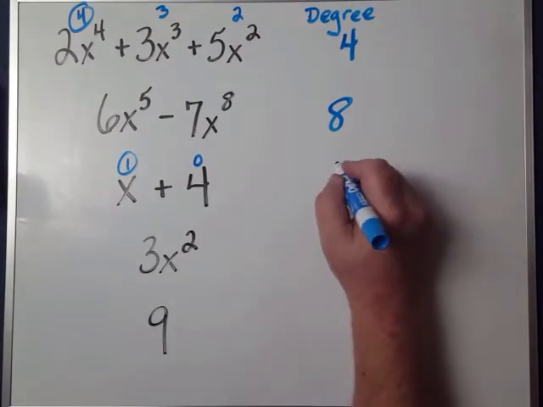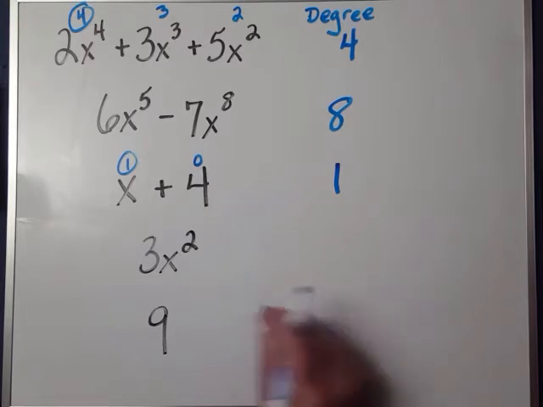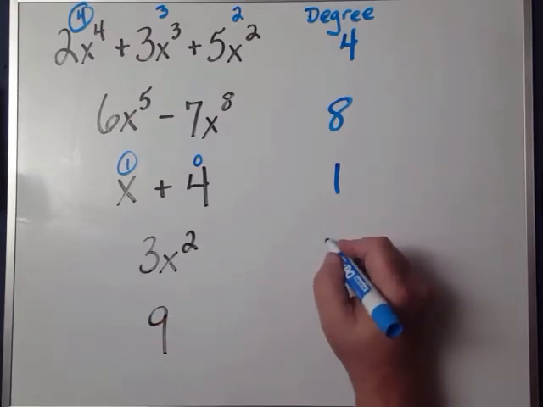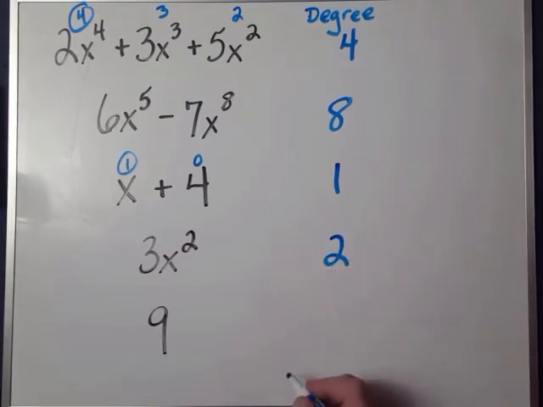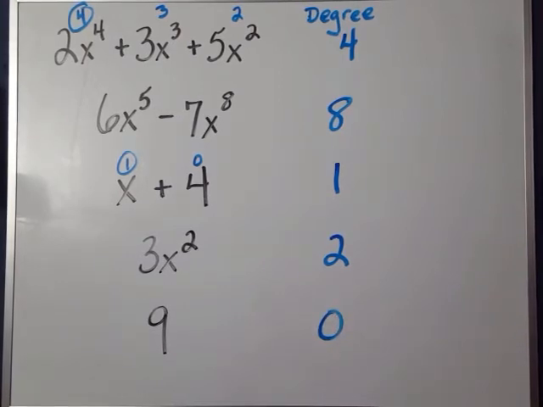So this polynomial has degree 1, or is a first degree polynomial. My little single term here, the degree of that term is 2. It's the only term, so the degree of this polynomial is 2. A numeric term has degree 0. It's the only term here, so the polynomial has degree 0.